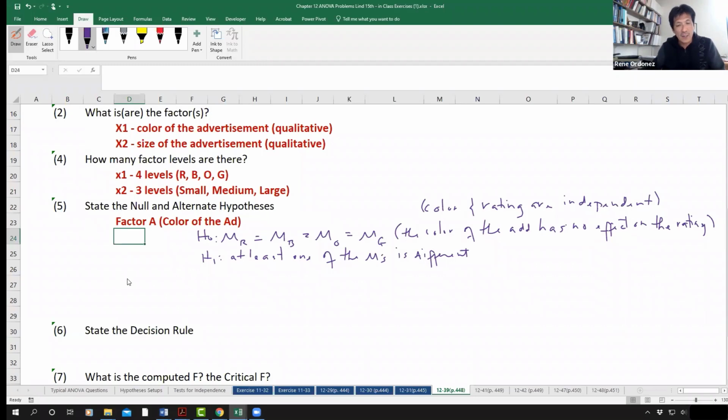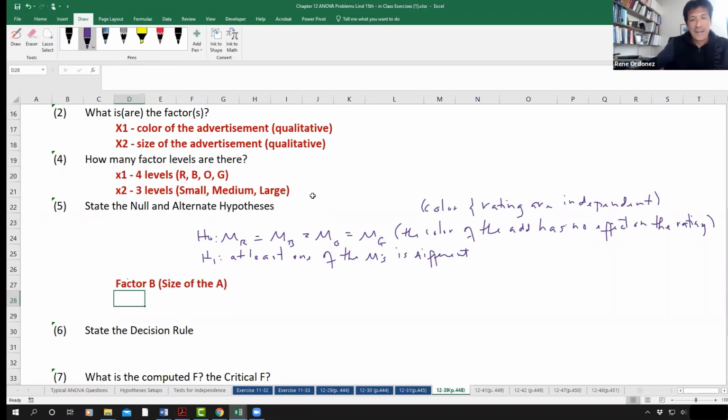Now, how about for factor B? Well, the factor B, which is the blocking variable, is the size of the ad. All right.